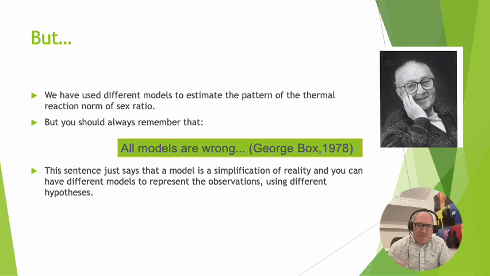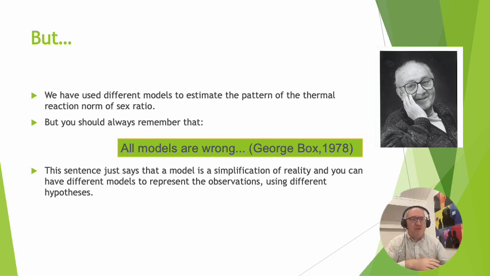But we have used different models to estimate the pattern of the thermal reaction norm of sex ratio. We have used different models, but we can always imagine other models. And you should always remember, as George Box said in 1978, all models are wrong.